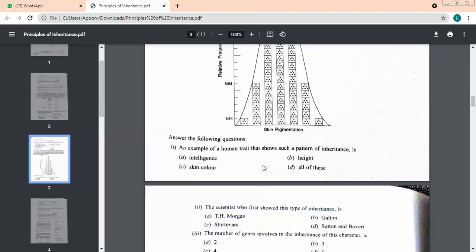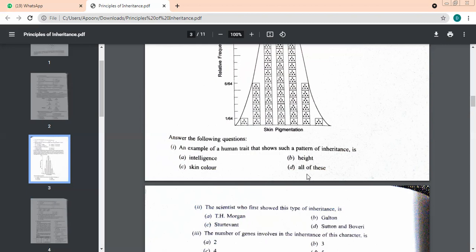Tell me an example of a human trait that shows such a pattern of inheritance. Ma'am, one side says skin color, one says intelligence. Which one is correct, A or D? It's skin color. Ma'am, C. Why are you changing your answer? Ma'am, I said C. One of you said D now.